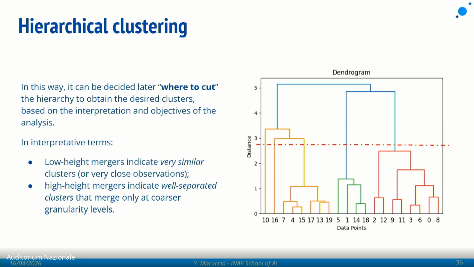But if we set a threshold at 2 point something, then we have 1, 2, 3, 4, 5 clusters selected. So the point here is to understand where to cut the hierarchy in order to obtain the desired clusters. How to do that?